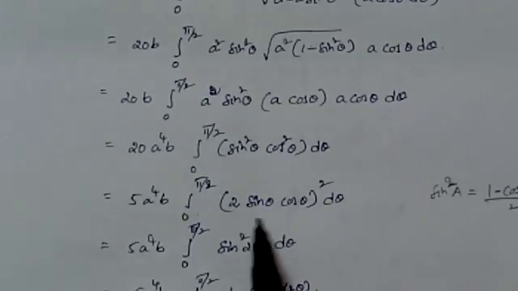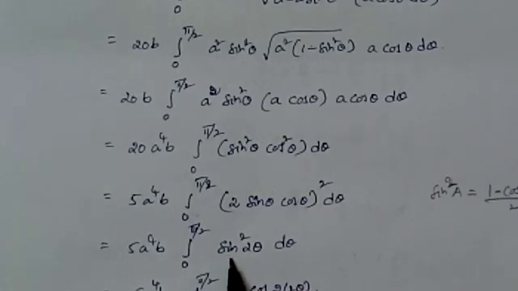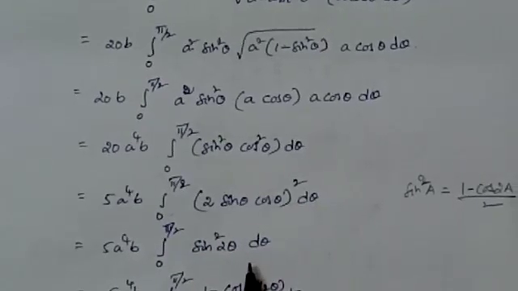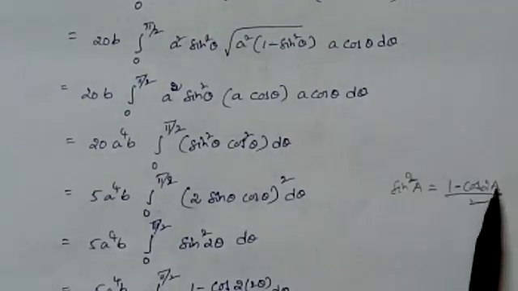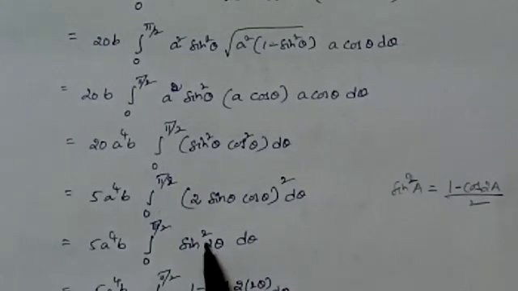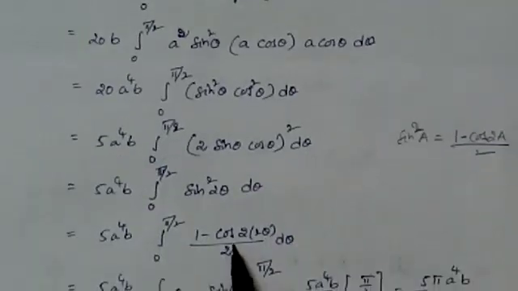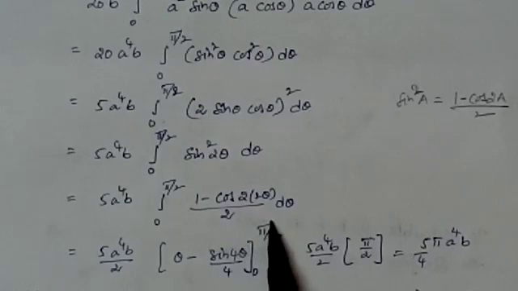So this becomes sin 2 theta whole square, which can be written as sin square 2 theta d theta. Actually we have the formula for sin square a as 1 minus cos 2a by 2. So in the place of a, I have here 2 theta. So I can write 1 minus cos of 2 into 2 theta by 2.